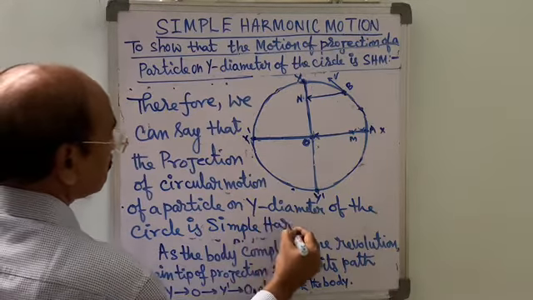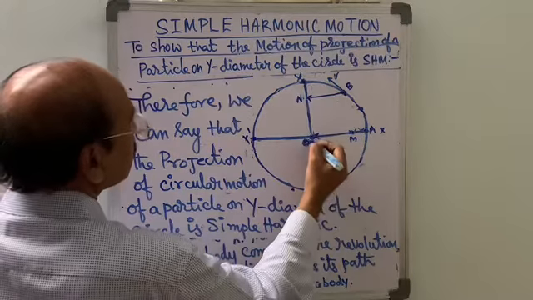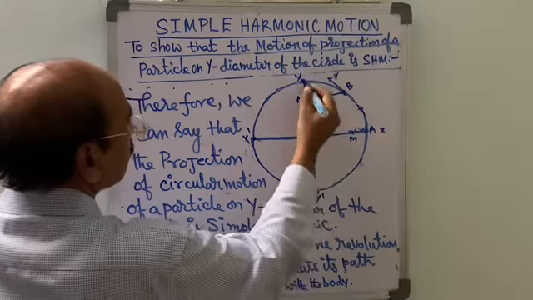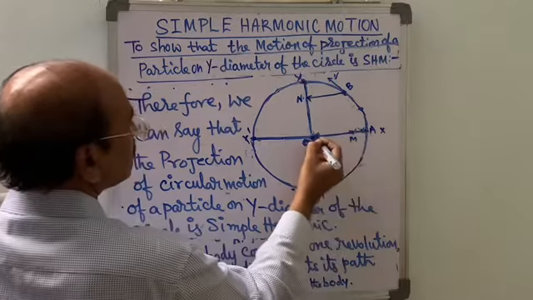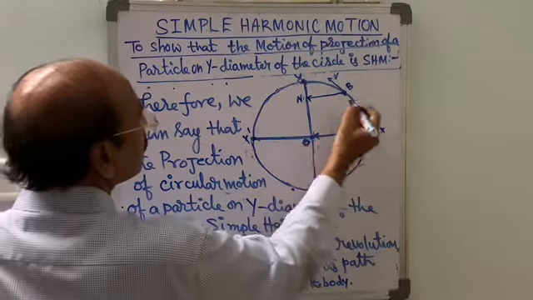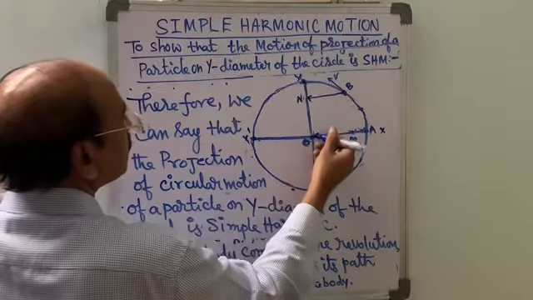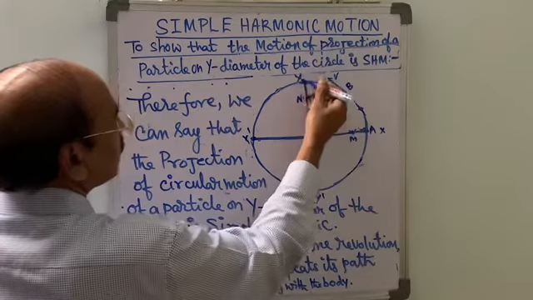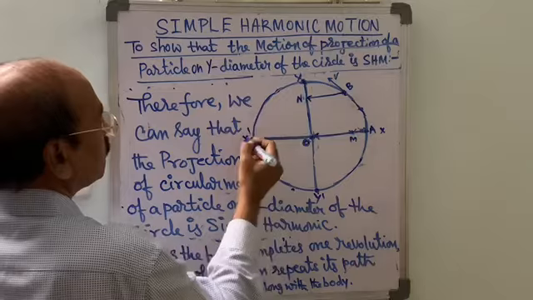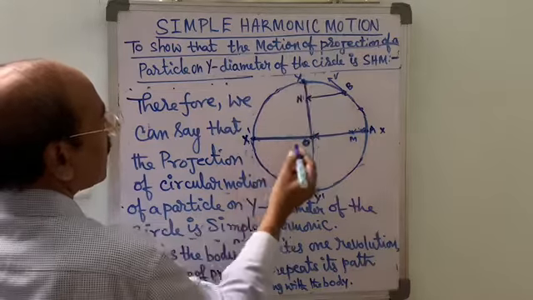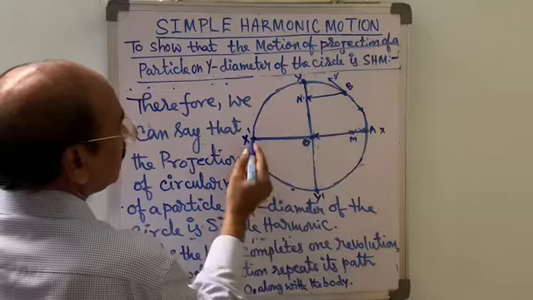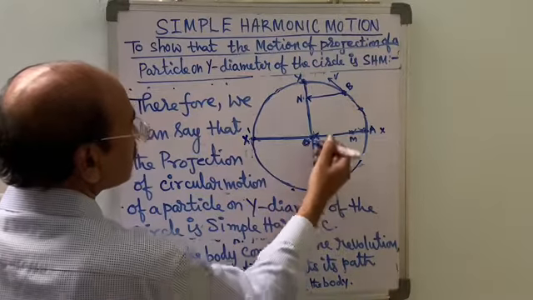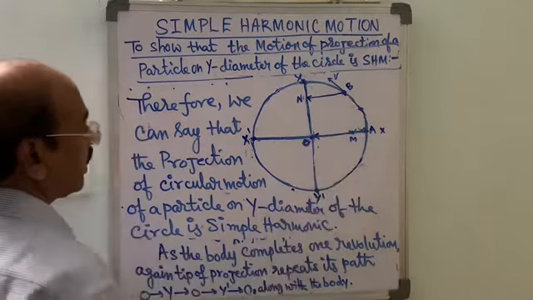Here we consider the vertical diameter OY, Y dash. When the body's vertical projection is at O and the body moves to Y, the tip moves from O to Y. When the body moves from Y to X dash, the tip moves from Y to O. When the body moves from X dash to Y dash, the tip moves from O to Y dash.